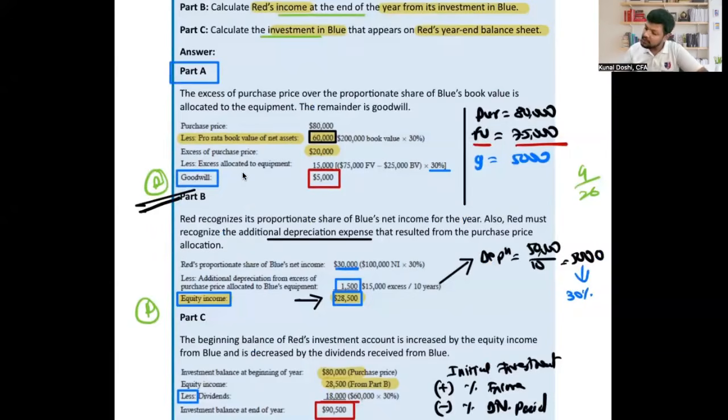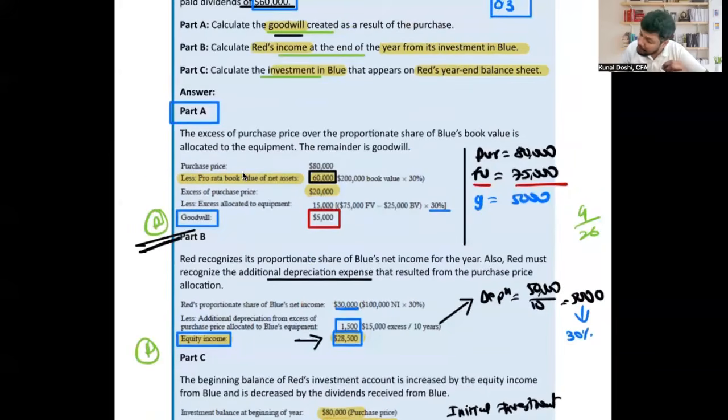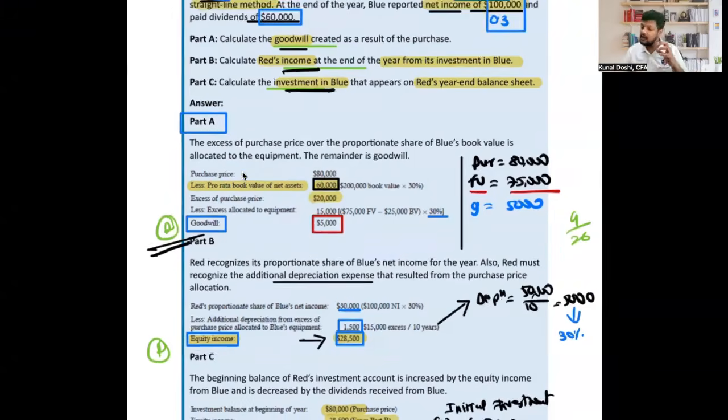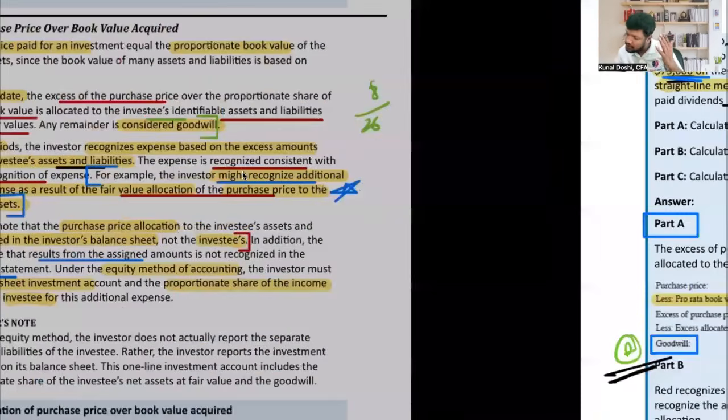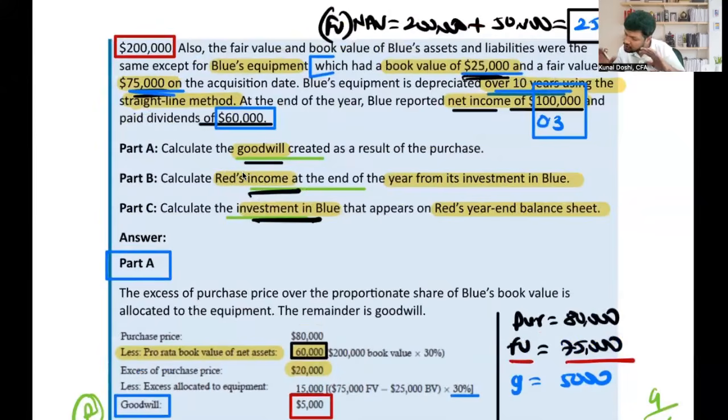Now, the second question asked here is what will be the impact on the income and the investments? Calculate Red's income at the end from its investment in Blue. Which method are we doing? Equity method. Have they given us Red's own income?